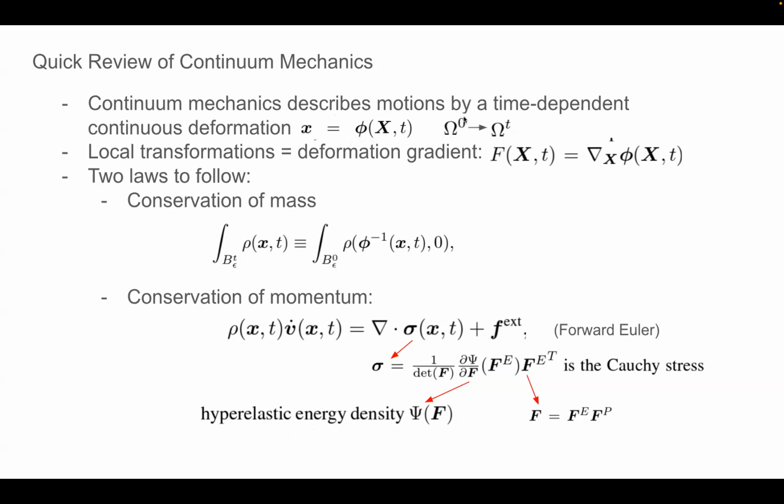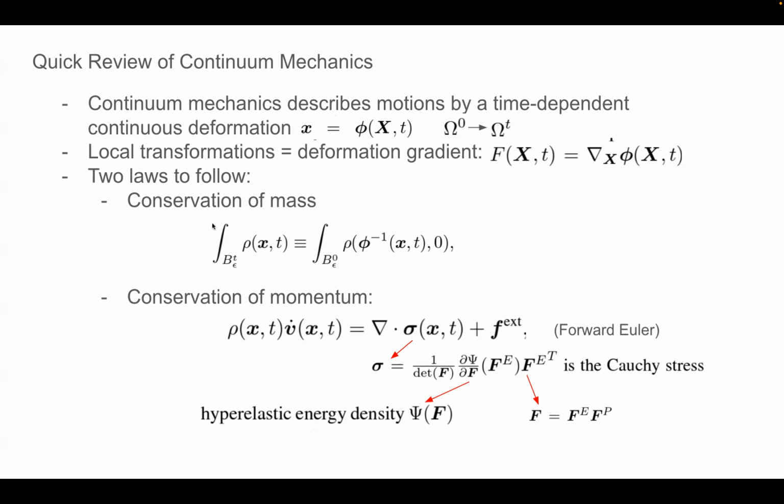So it goes from the undeformed space at time 0 to the deformed space at time t. And the local transformations or the deformation gradients are shown here with F, which is the gradient, or the Jacobian, of the deformation function.